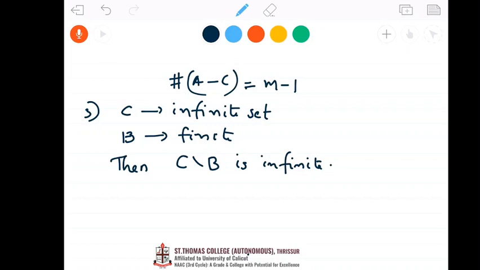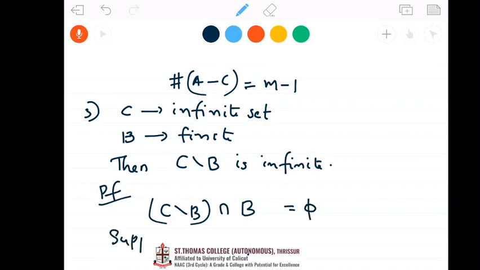So here also we are using the first part of the theorem. So we need two disjoint sets. Do we have two disjoint sets here? Yes, and they are C minus B and B. They are disjoint, so their intersection is equal to empty set.